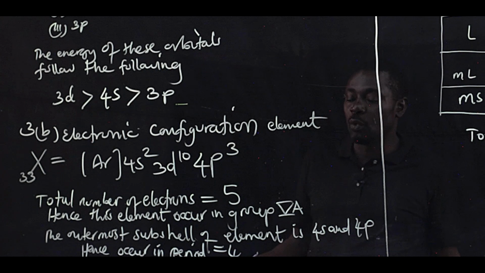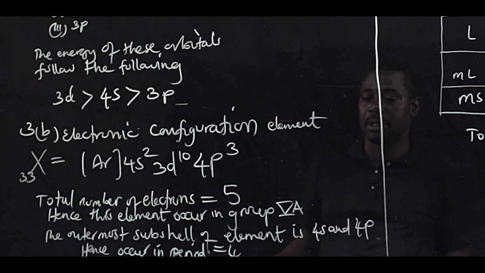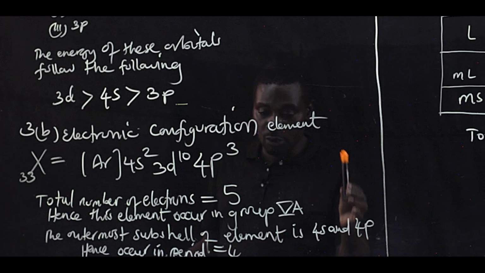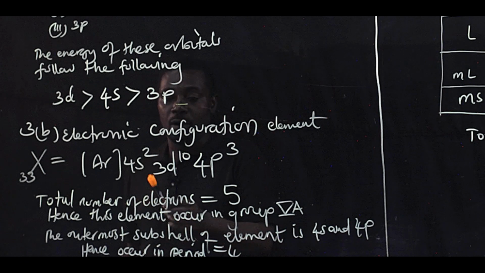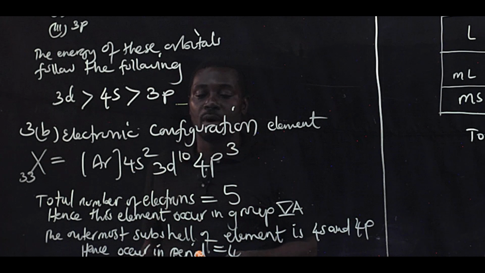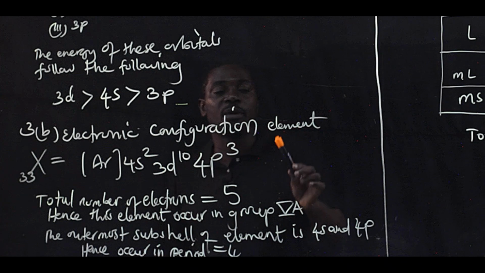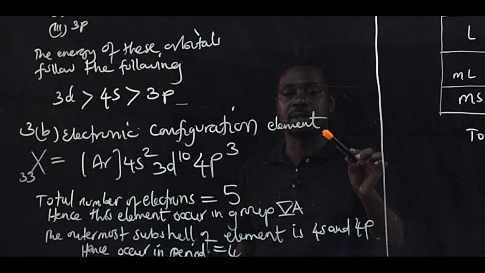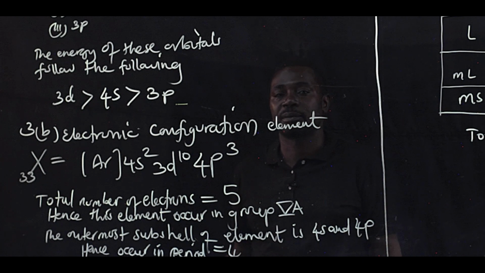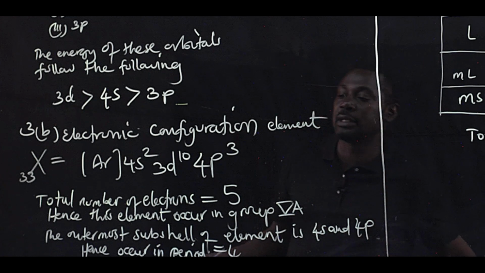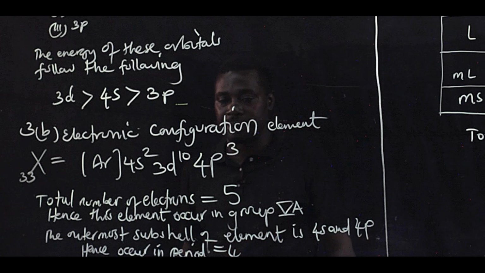So let me start with the group of this element in the periodic table. In order to identify the group, we are supposed to determine the total number of electrons in the outermost subenergy level or outermost subshell.